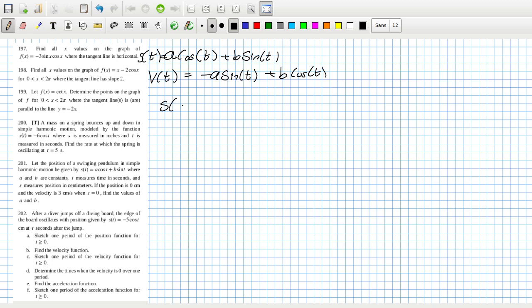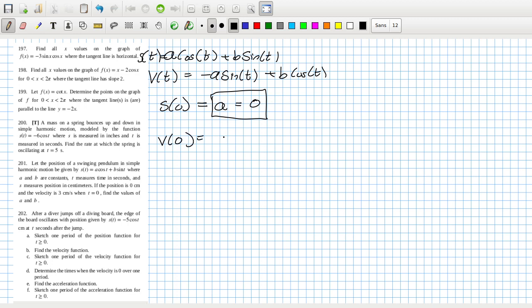The position is 0 initially, so s is 0 will be a cos 0, which is 1, plus b sin 0, and that equals 0. Okay, well that's nice. So we got the a. And the velocity is 3 when t is 0.